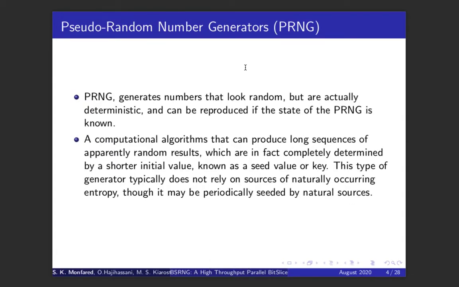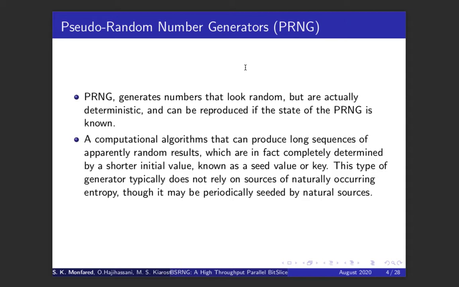That's where pseudo-random number generators, or PRNGs, come into play. A PRNG generates numbers that look random, but are actually deterministic and can be reproduced if the state of the PRNG is known. PRNGs are computational algorithms that can reproduce long sequences of random numbers, determined by a shorter initial value known as the seed or the key of the PRNG.